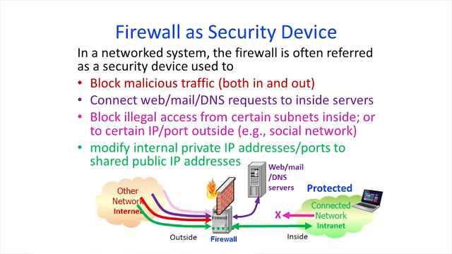And it also provides service that blocks illegal access from certain subnets inside or to certain public IP addresses. For example, we can enforce parental guards to protect the kids' internet access, or we guard against access to specific ports outside, for example, restricting social network access.